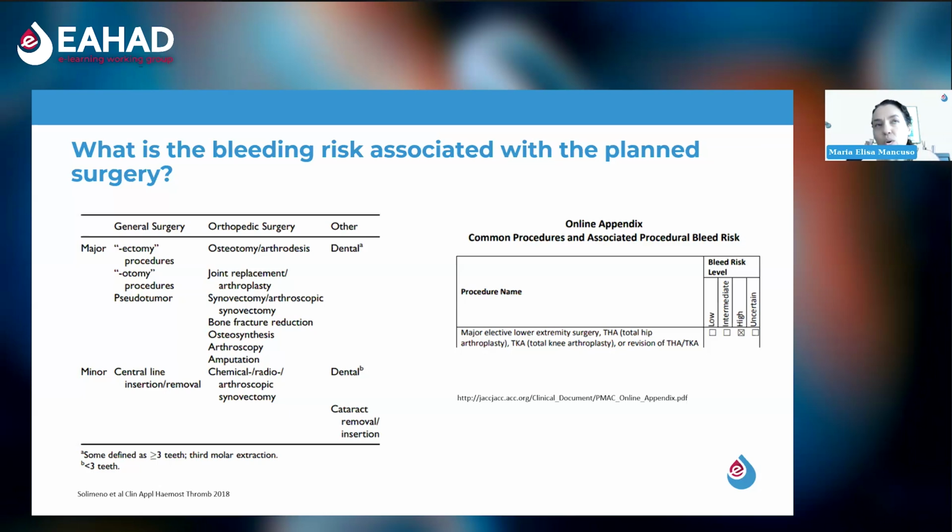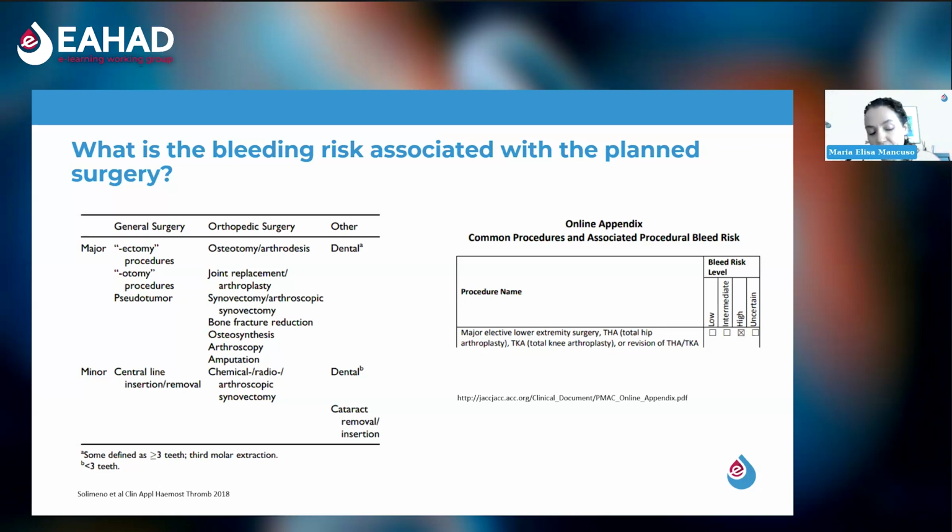Usually we say that if we are going into a body cavity, so we are discontinuing an anatomic barrier, like going into the abdomen, the thorax, or even a joint, which is pretty common in patients with hemophilia, so having major joint replacements, these are all major procedures.